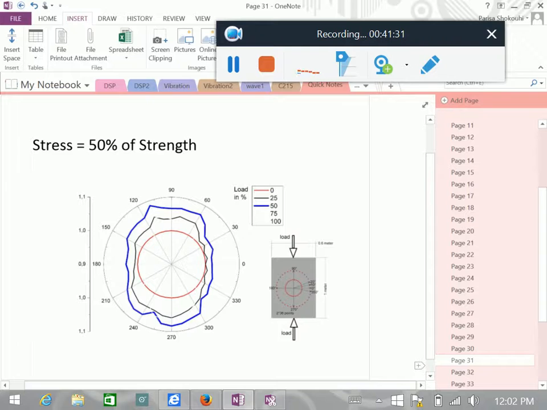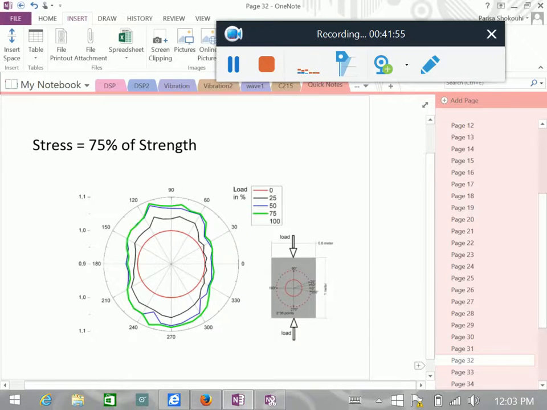Now, if you increase the stress, this becomes larger. Pay attention that the circle doesn't become a larger circle. This is completely anisotropic. In the direction of the load, the changes are much larger than perpendicular. This is what we wanted to study with this setup.